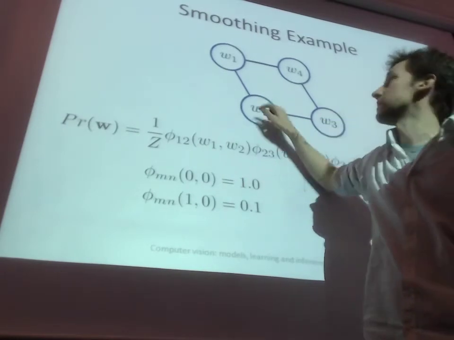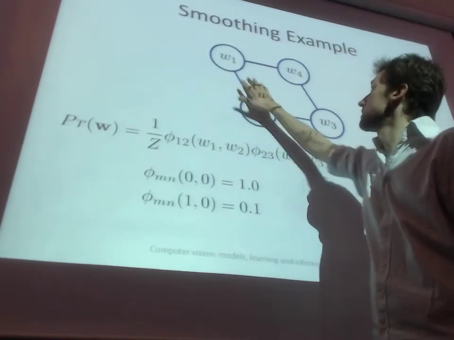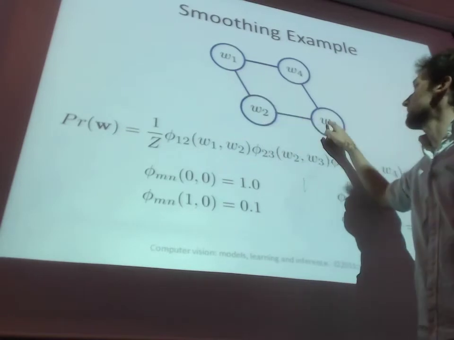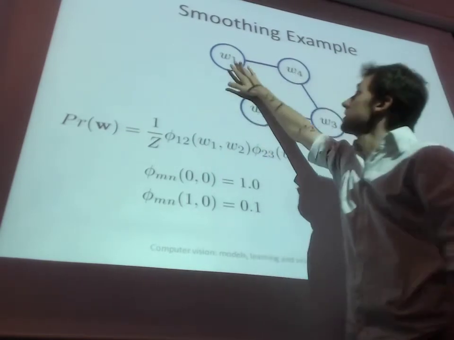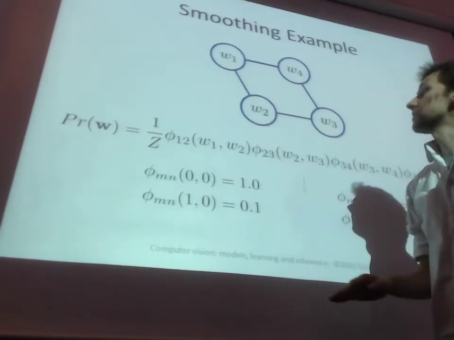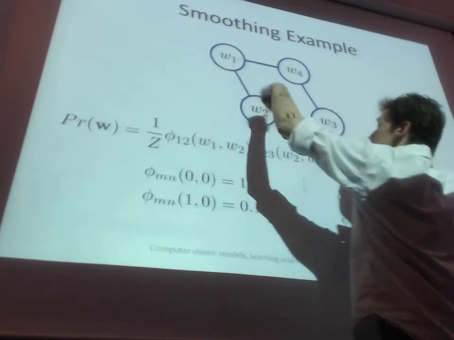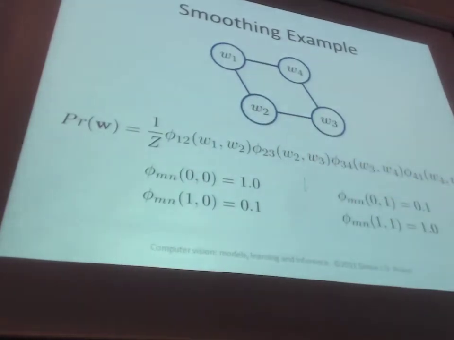It's a maximal clique, because if you try adding a third variable to these two, like that one, you'll find that they're not all fully connected. There's no connection between W1 and W3. So if I just take these two, that is in fact a maximal clique. There we go, I've got phi 1,2 for the first one, and we end up taking all pairs, so we have 4 terms in total.